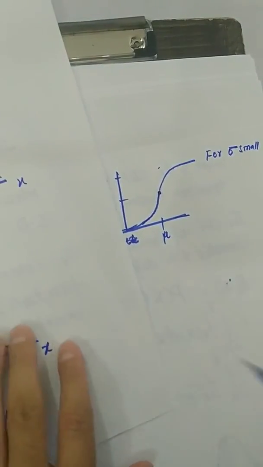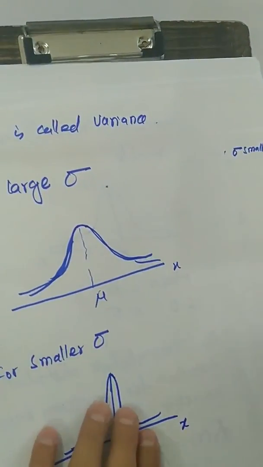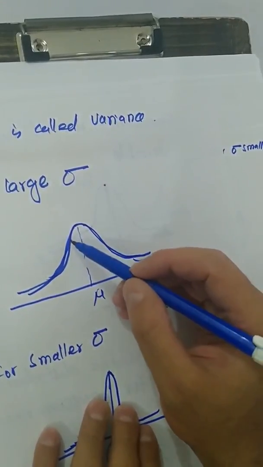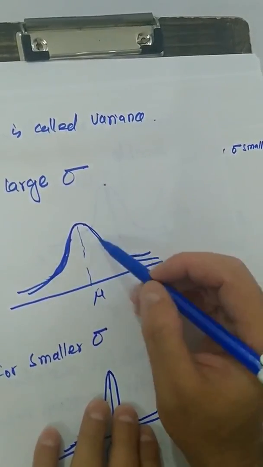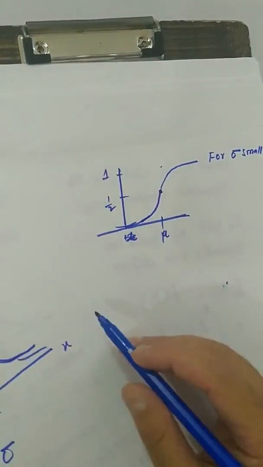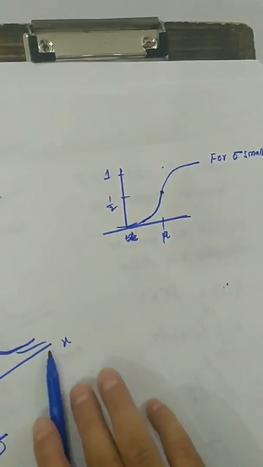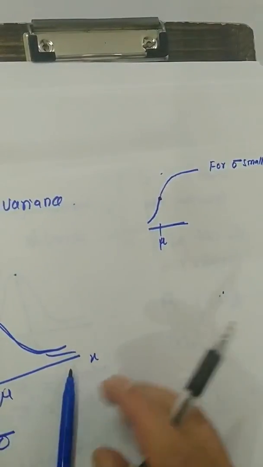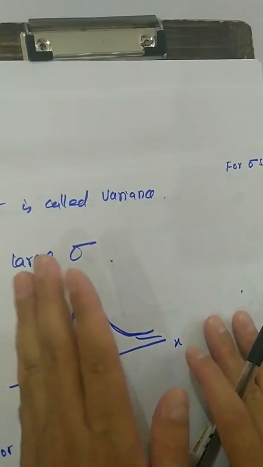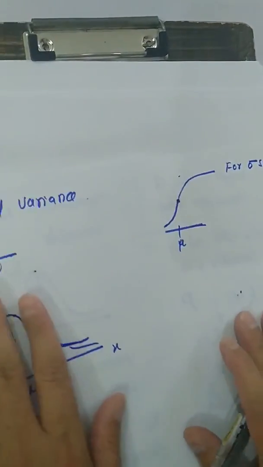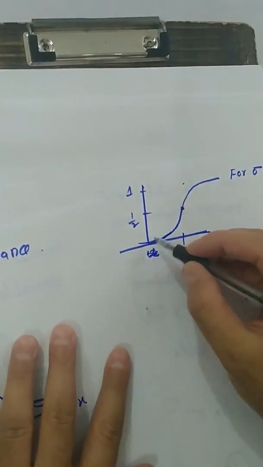Now, when the sigma is large, then we get a broad Gaussian distribution. This one is the broad Gaussian distribution. So when I change it into the CDF, following this PDF, I will get a CDF that would be less steep.